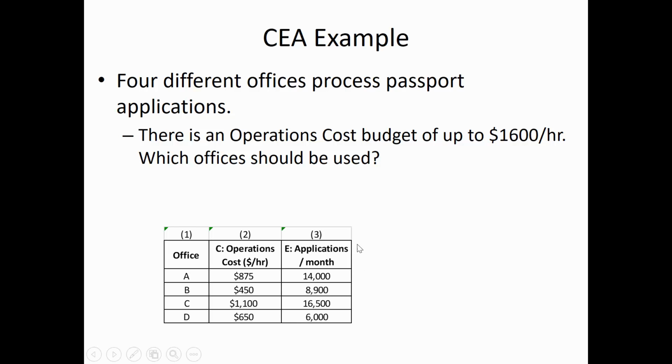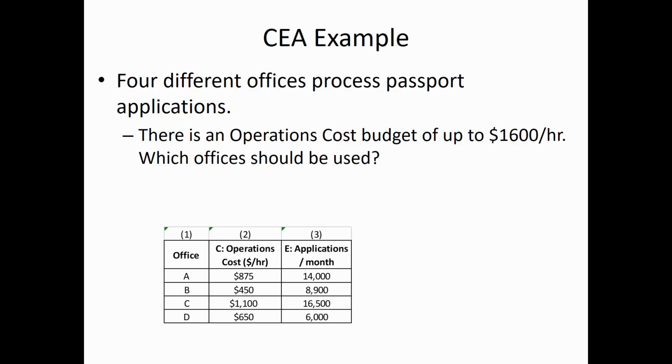And then the other thing that we need to know in order to be able to do a cost effectiveness analysis is how much work they're accomplishing. So we've got costs and some measure of work. In the case of an office that's processing applications, the way of measuring their work is just how many applications per month get processed. Now, there are other ways to look at it. This is ignoring, for example, what if they're making mistakes?